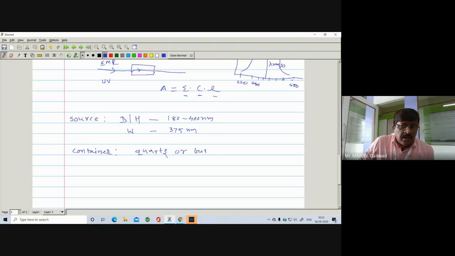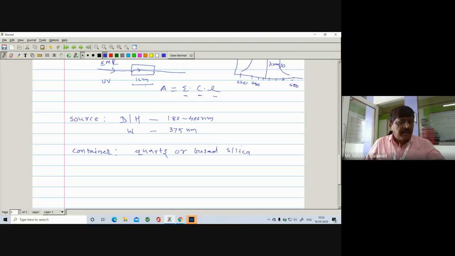Sometimes they may ask what type of container we use in UV spectroscopy. So we use quartz crystal, and we can also use silica. It should be transparent, and generally the path length of that cell, meaning the length of the cell, is 1 centimeter.